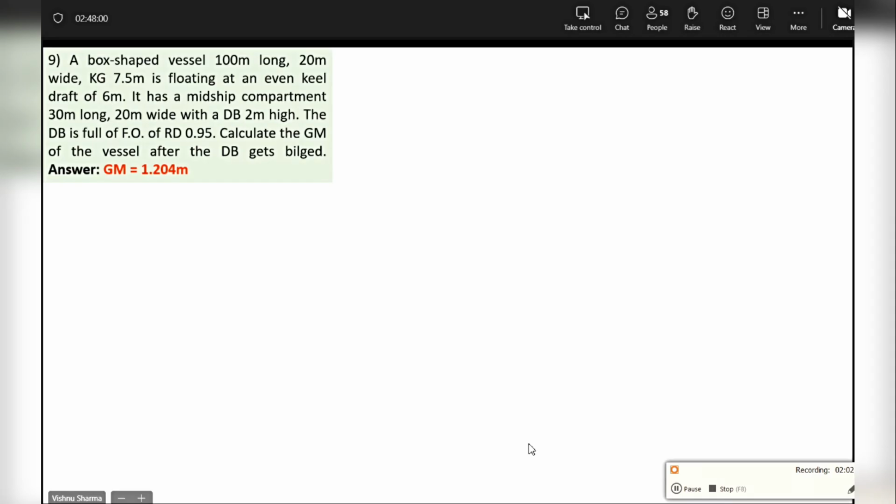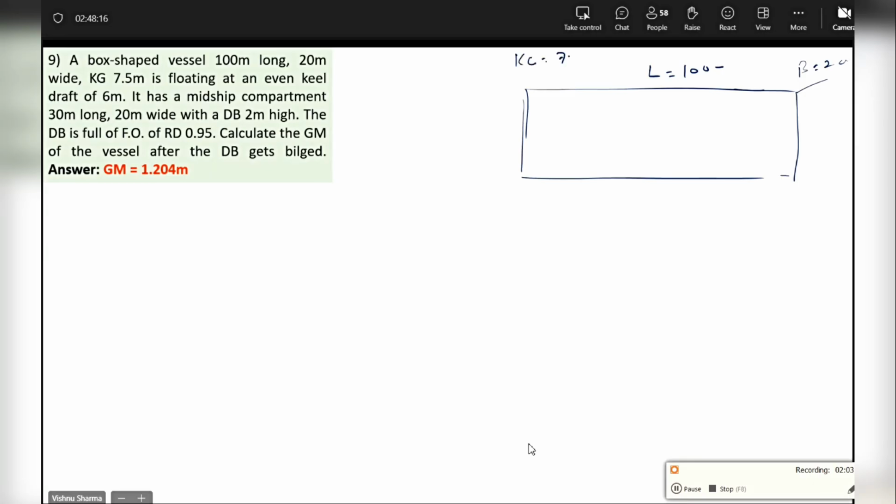No problem. A box-shaped vessel, 100-meter long, 20-meter wide, our standard ship, KG 7.5, is floating on even keel at a draft of 6 meters.